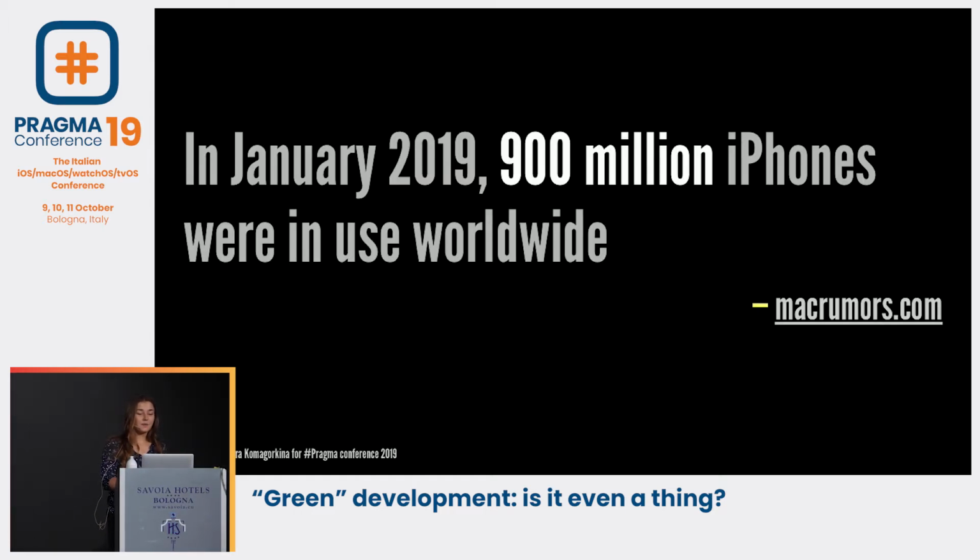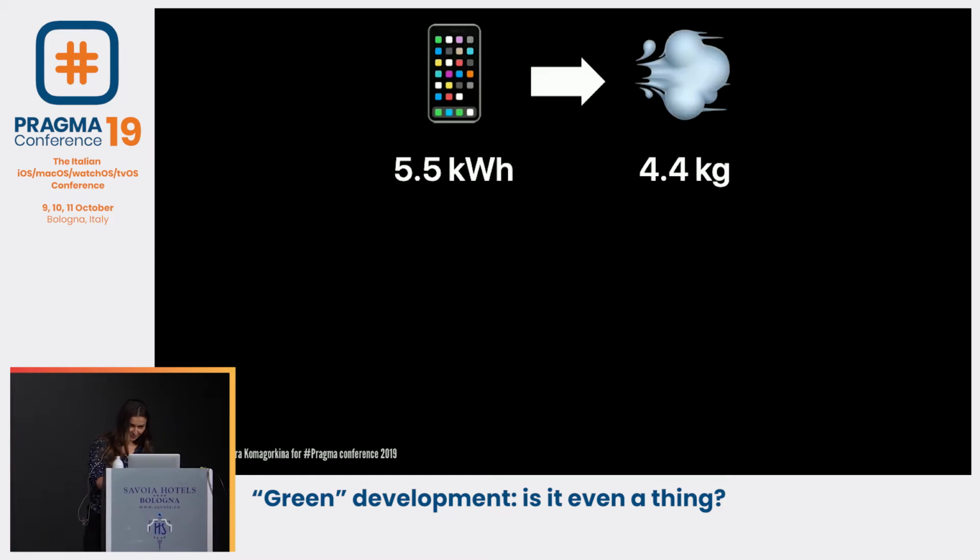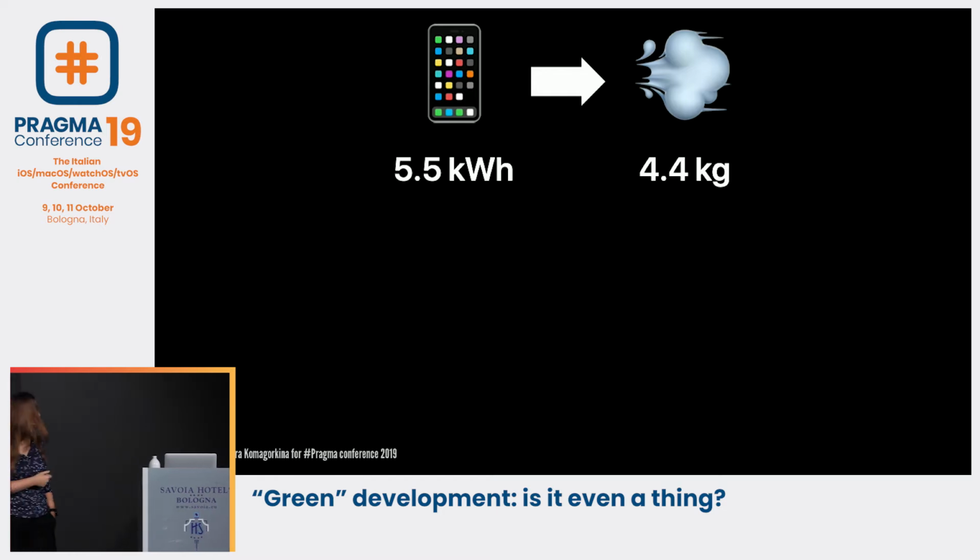This is the number of iPhones which were in use worldwide in January 2018: 800 million iPhones. Do you remember the previous numbers? Let's calculate. You have one iPhone. Let's imagine you have the latest one, you're a lucky one.